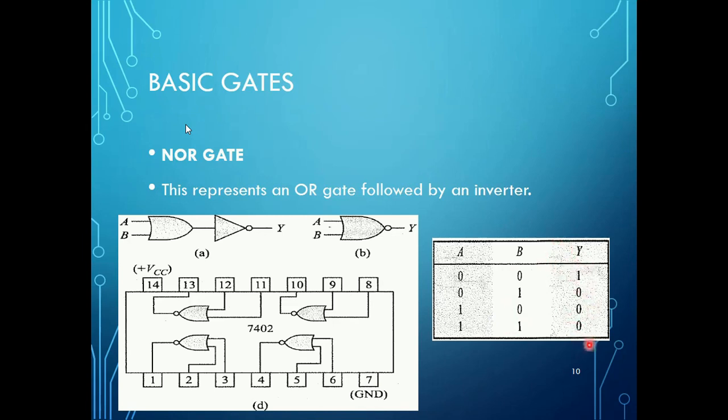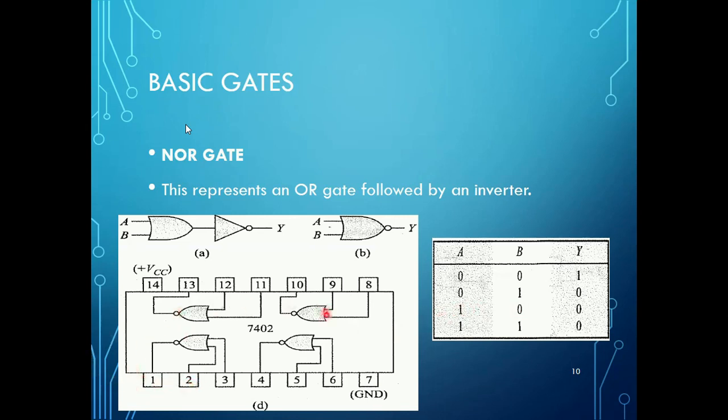So this is quite the reverse of the OR gate. The OR gate table output was 0, 1, 1, 1. So it's the reverse of this.